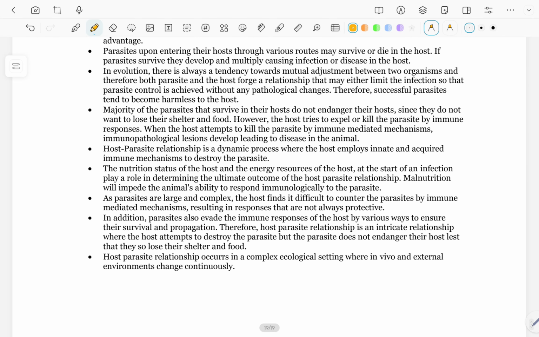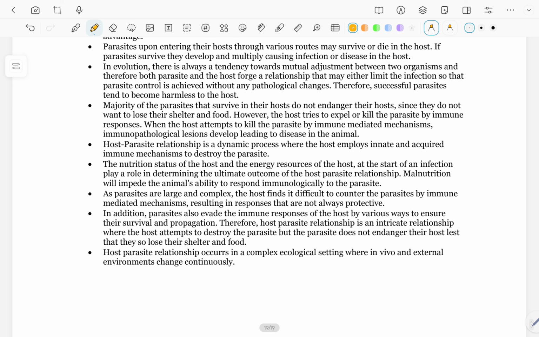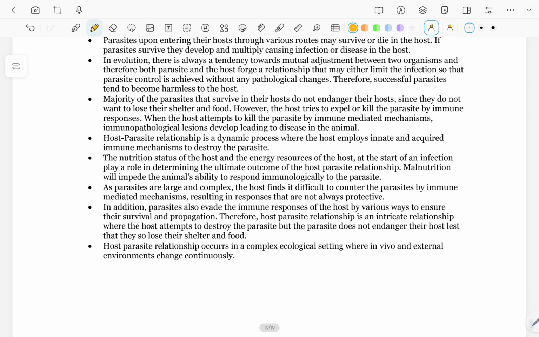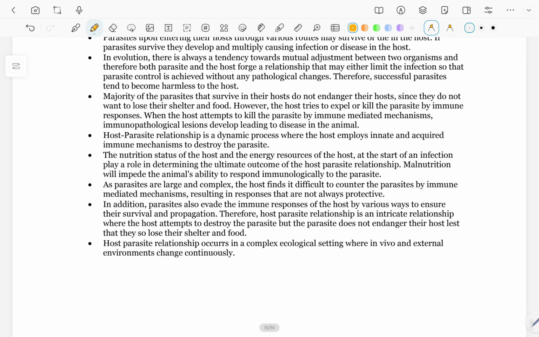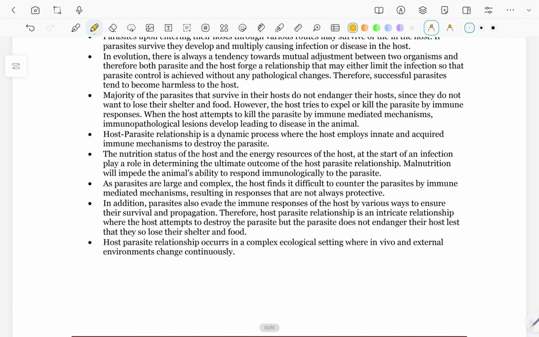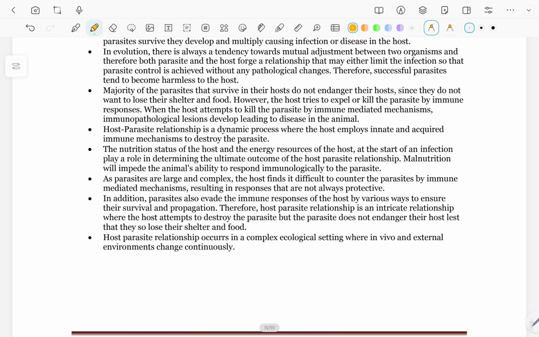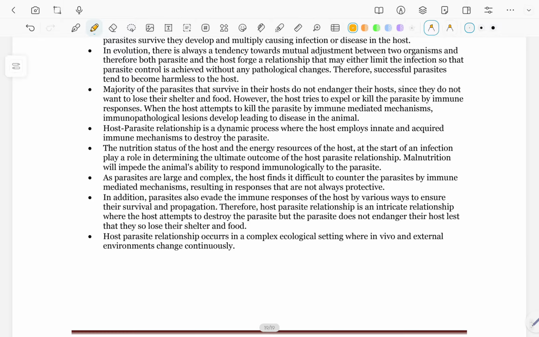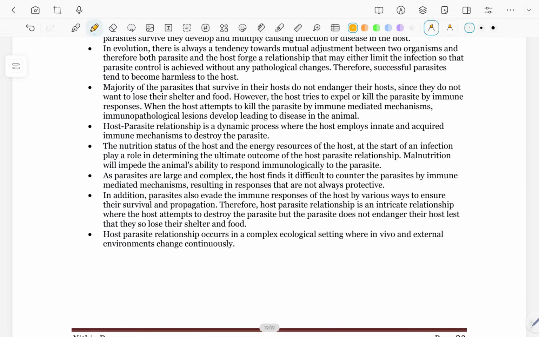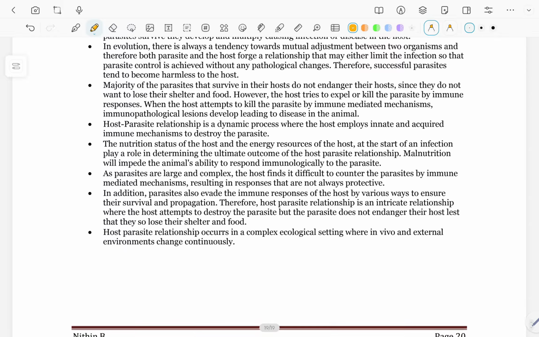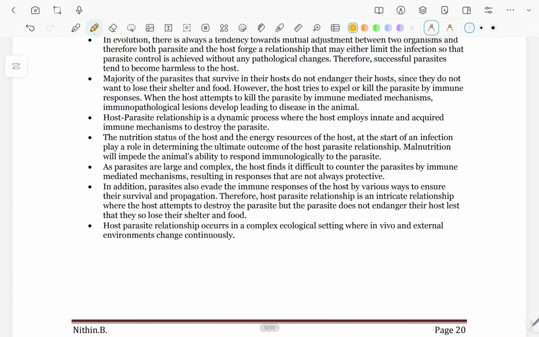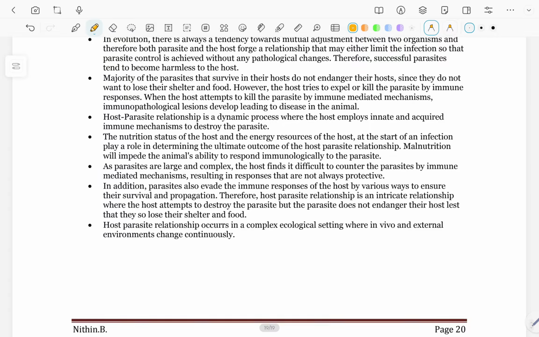The majority of the parasites that survive in their host do not endanger their host, since they do not want to lose their shelter and food. However, the host tries to expel or kill the parasite by immune response. When the host attempts to kill the parasite by immune-mediated mechanisms, immunopathological lesions develop, leading to disease in the animal.